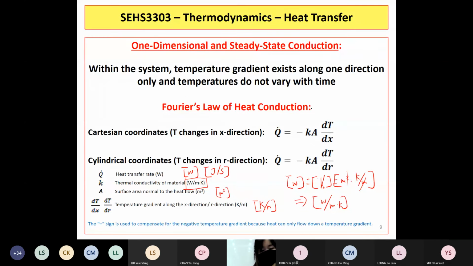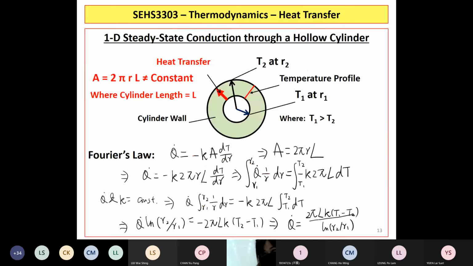Yes. Because we have the watt, right? And we have the meter times meter squared, right? So for the resistor, the unit should be K over watt. Okay? This is the unit.